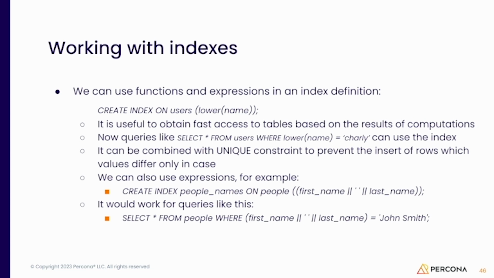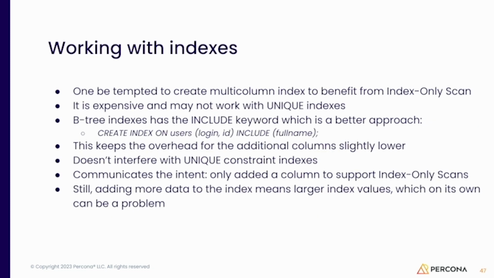But remember, with great power comes great responsibility, as Uncle Ben used to say, right? So one would be tempted to create multi-column indexes to benefit from an index scan, right? Or to create indexes on functions and all. Every time we create an index, we have overhead on the database.